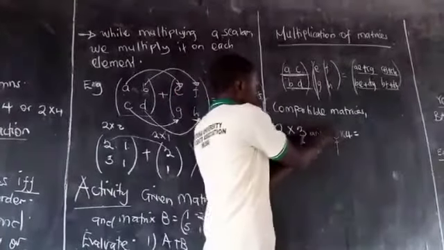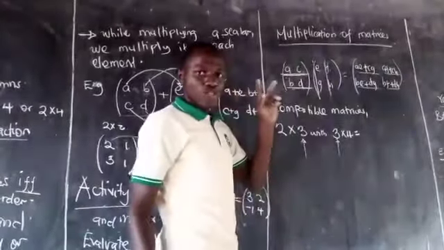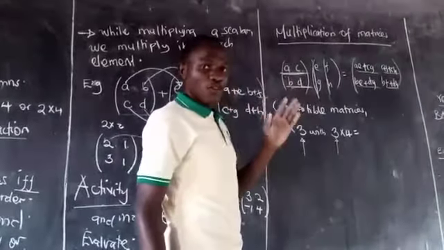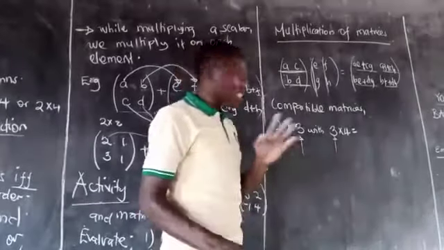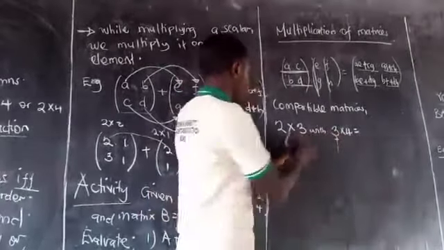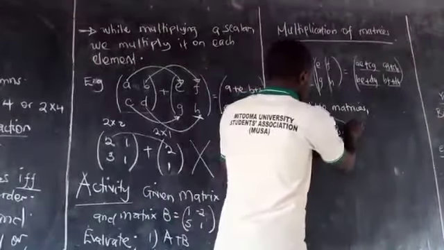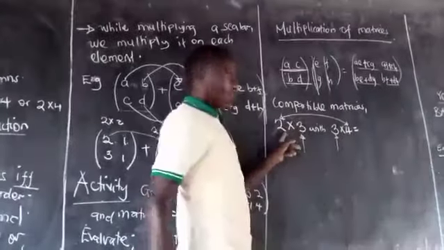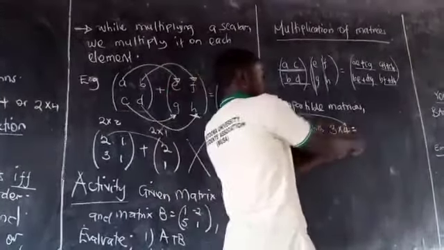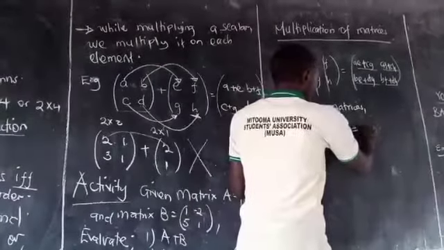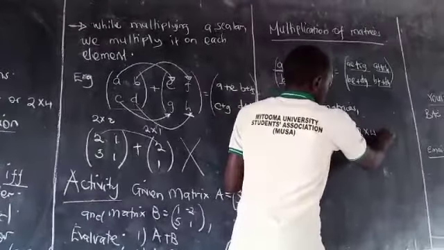If these numbers are the same, then the two matrices are compatible. Otherwise, they are incompatible. The result of this product will be a 2 by 4 matrix, combining the rows of the first and the columns of the second.